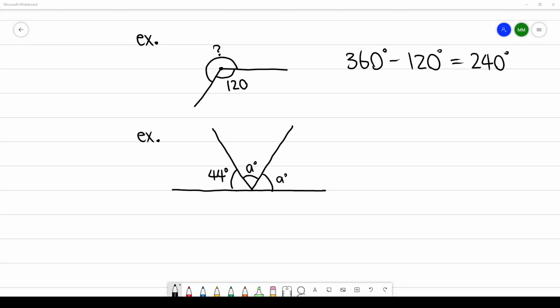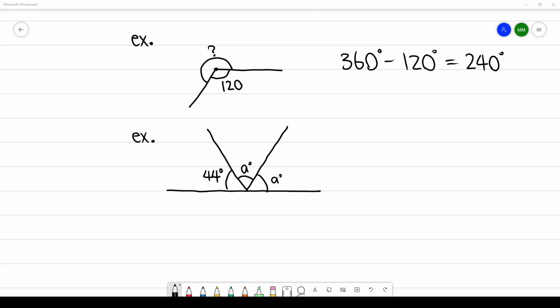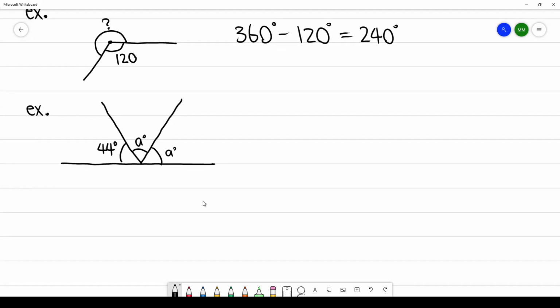68. Yeah, 68. Yep, 68 it is. So this is where you have to use a bit of equation solving.